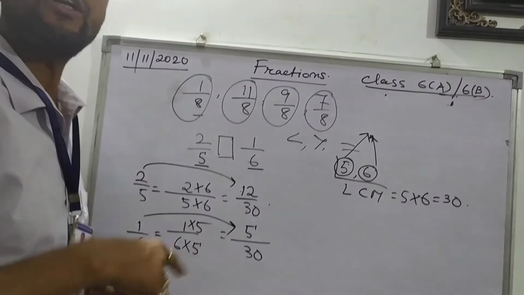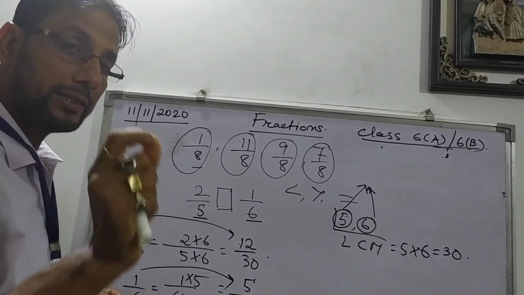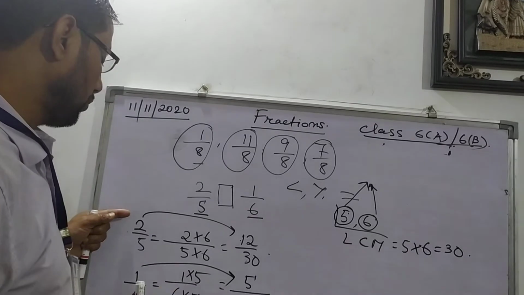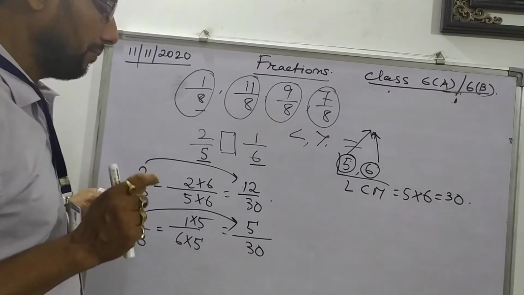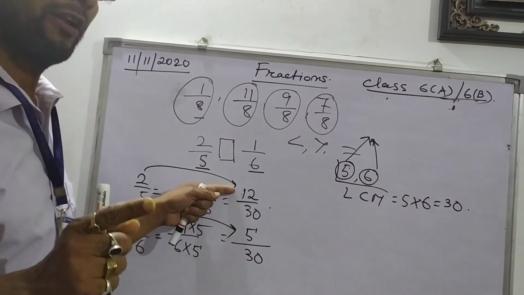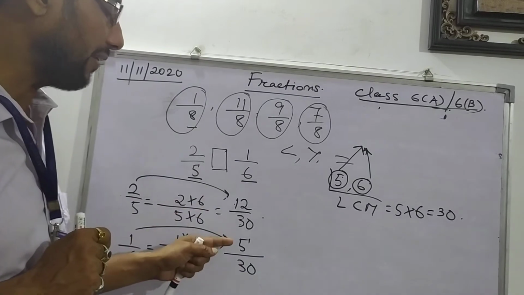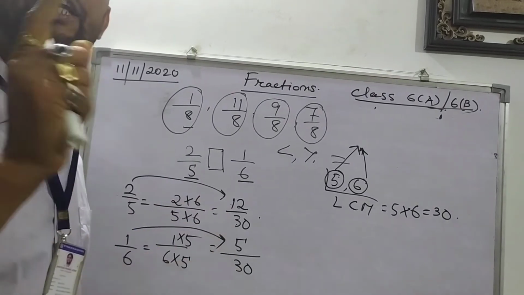I am taking 5 out of 30 equal parts. Once again I am telling you students, 2 by 5 means 12 by 30, taking 12 of 30 equal parts, and 1 by 6 means taking 5 of 30 equal parts.